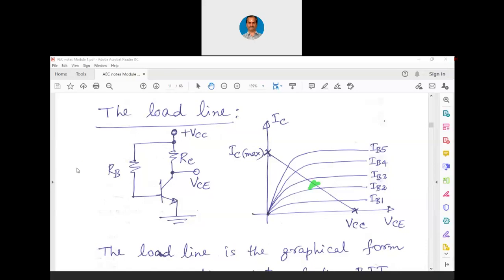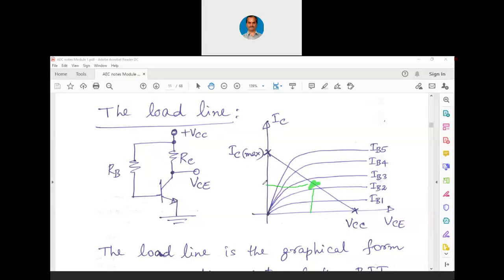So, now think about this. If I am using the transistor exactly in the middle of the load line by choosing the values of RB and RC, I will have a line here and a horizontal line here. Imagine from the Q point I draw a vertical line to the x-axis and a horizontal line to the y-axis.